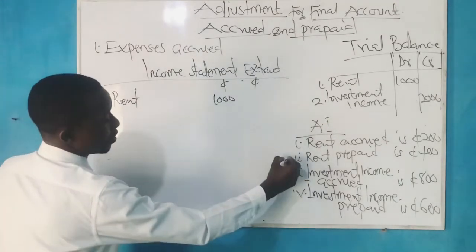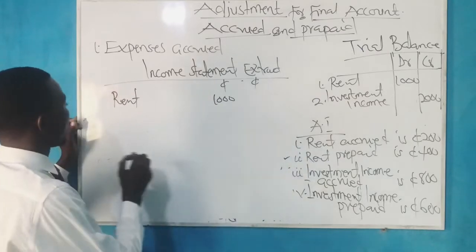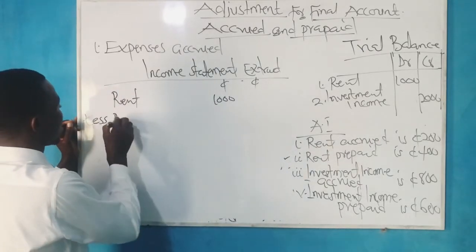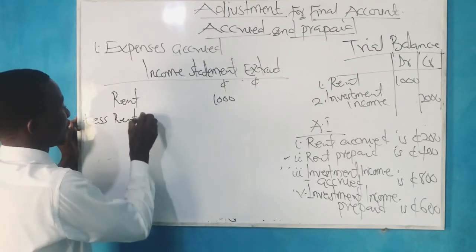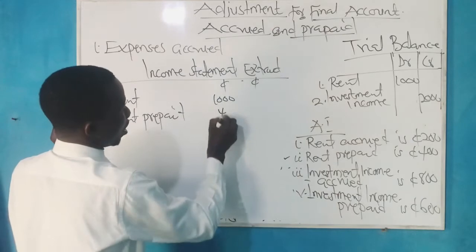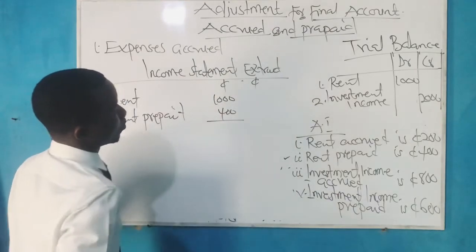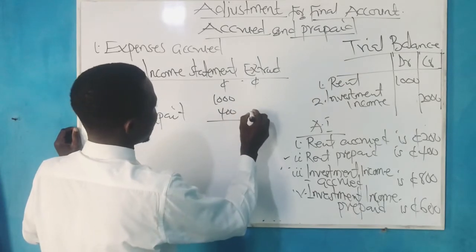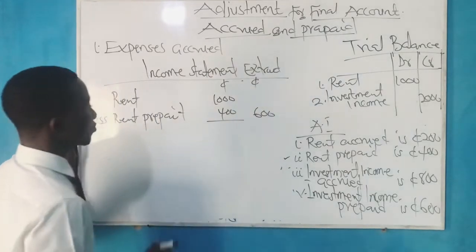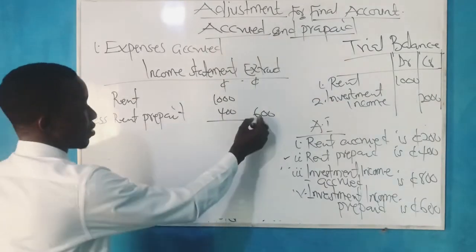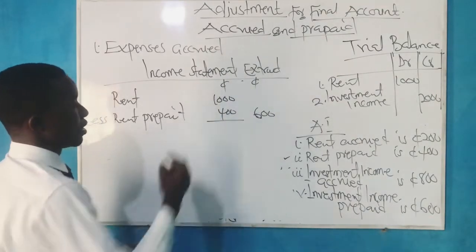We have a prepayment or rent prepaid of 400. We always less prepaid in the income statement, so we less a rent prepaid of 400. Okay, and this will give us 600 cedis.